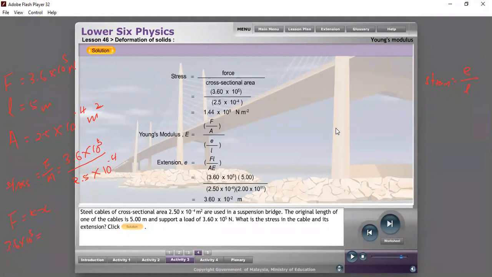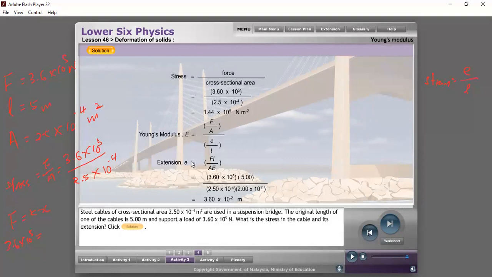What is the stress in the cable and its extension? Click solution. Okay, so from here, in this question, they didn't give us the E, the Young's modulus of the cable. So this question should give us the Young's modulus. Otherwise, we cannot solve it.